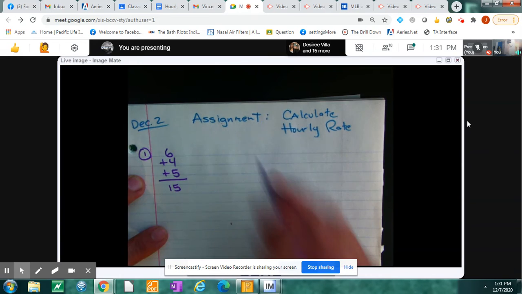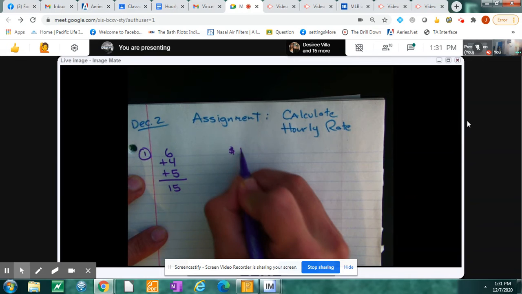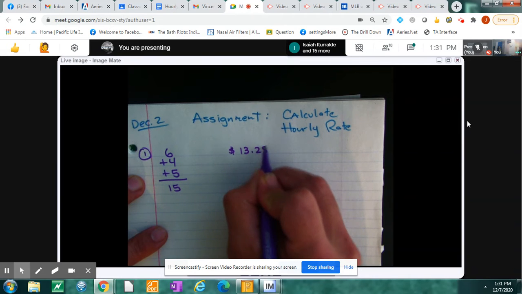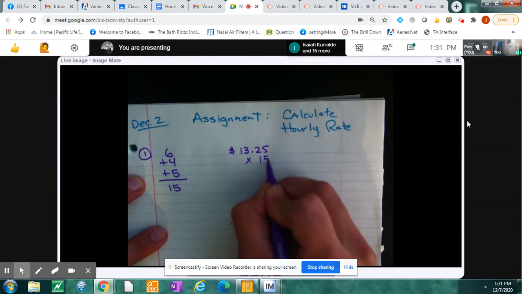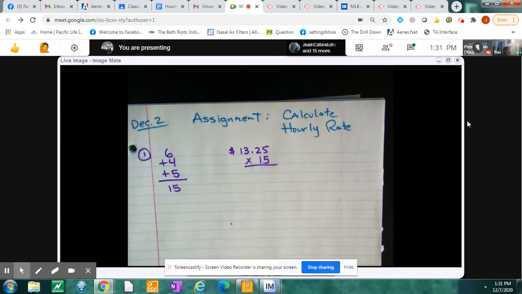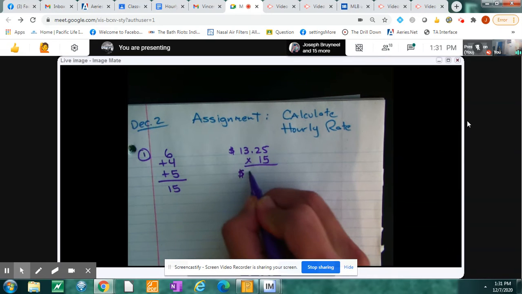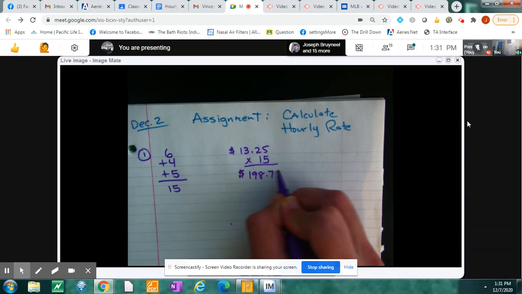So then all you have to do now is take 13.25 and multiply. When you use a calculator, you just go ahead and multiply. So here it is, 13.25 times 15 is $198.75.